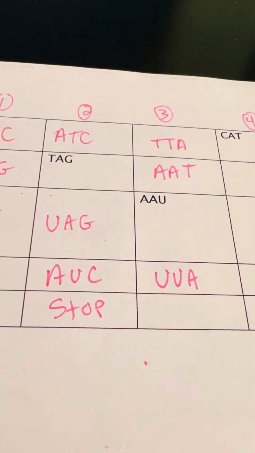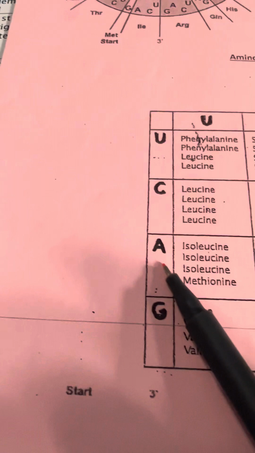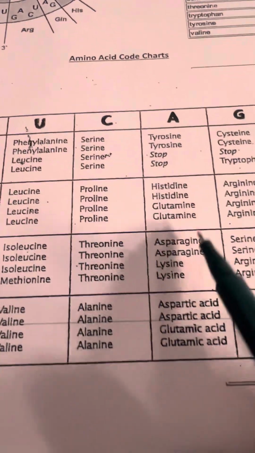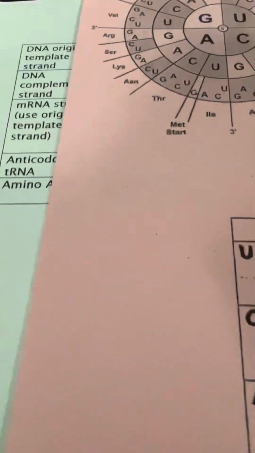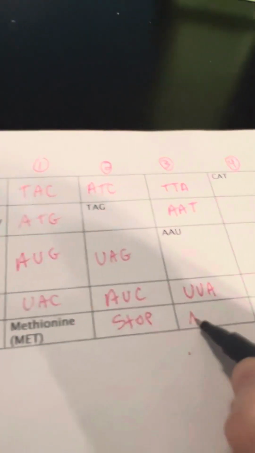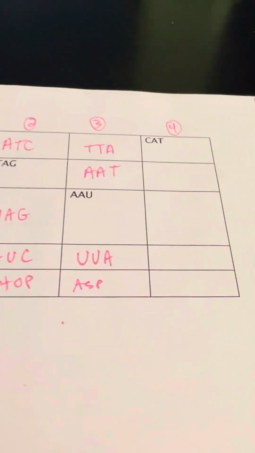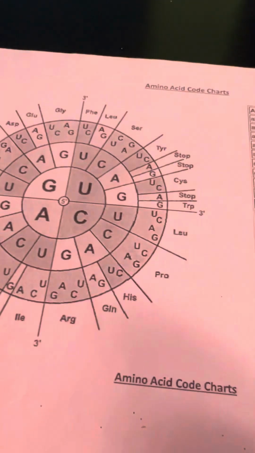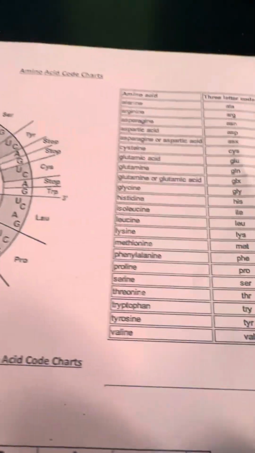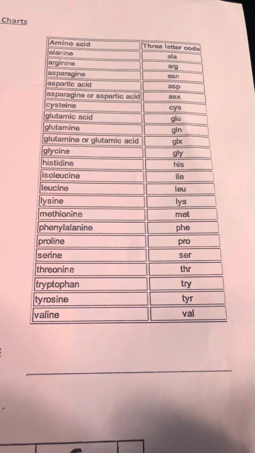Then you would look up AAU on your chart: A, so this box, and U, which is the first one, asparagine. You would write asparagine, or ASP is fine. The genetic code that I'm giving you is actually going to be a circular one, but it has the abbreviations and the names of the amino acids here too.